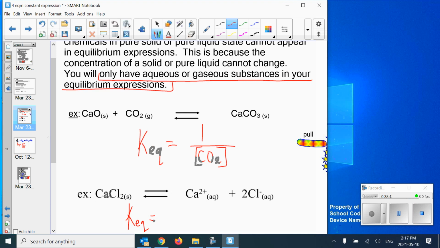So for this one, I want you guys to try it. We'll just go through it together. Okay, so let's see. My products have charges, so they go inside the bracket.